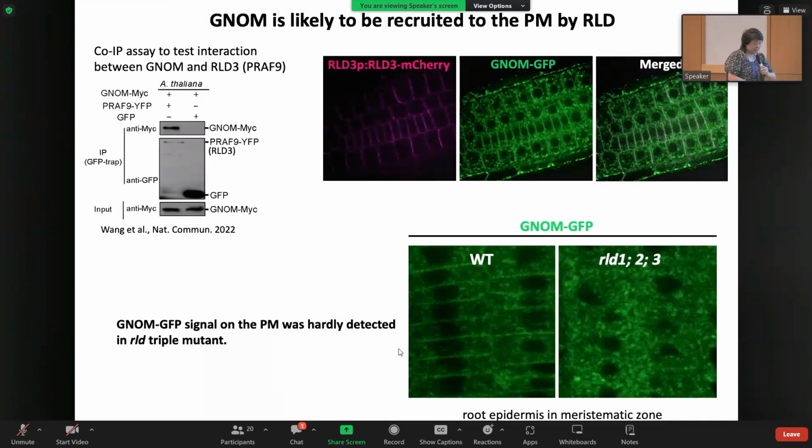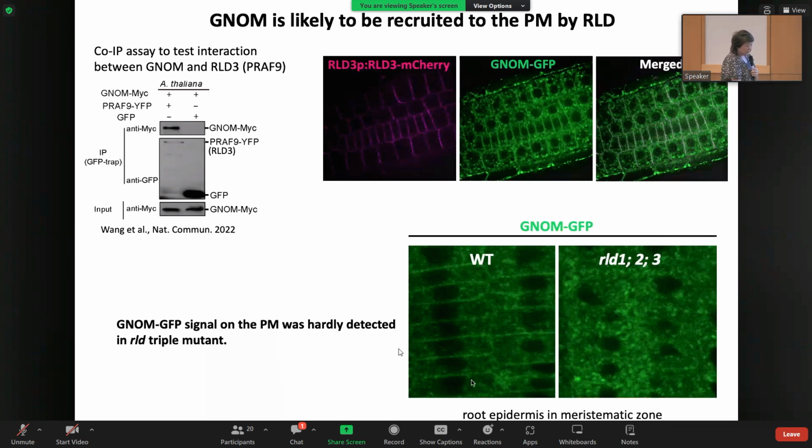As a collaboration with Jiří Friml's group, we demonstrated that RLD3 physically interacts with GNOM. And in root epidermis, RLD3 is co-localized with GNOM, with especially obvious co-localization at the plasma membrane. You can see here.